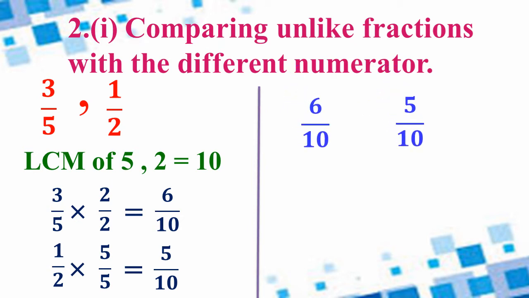And we know in like fractions, the fraction with the greater numerator is greater and the fraction with the smaller numerator is smaller. So 6 by 10 is the greatest fraction. So, 3 by 5 is greater than 1 by 2.